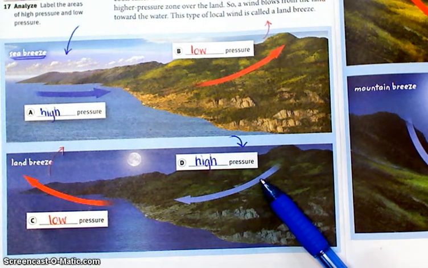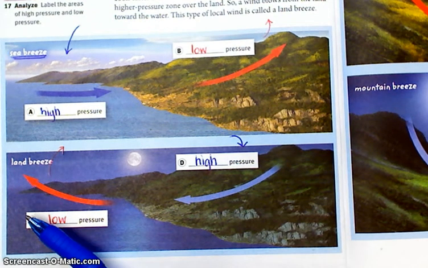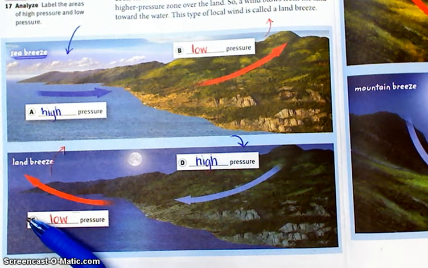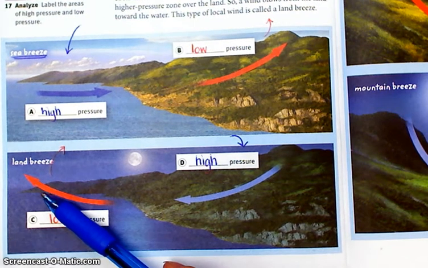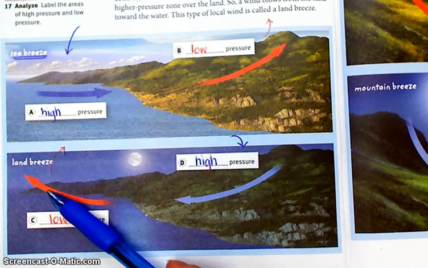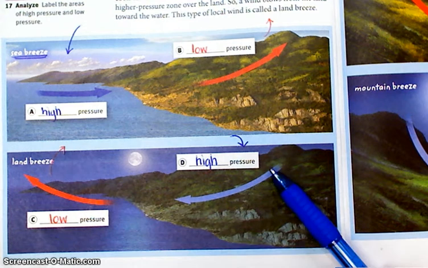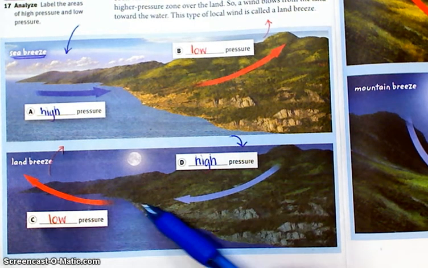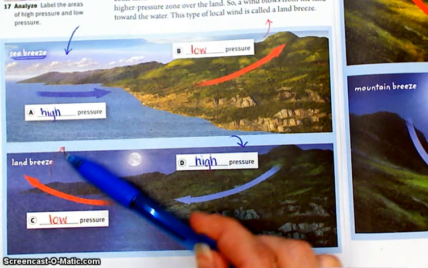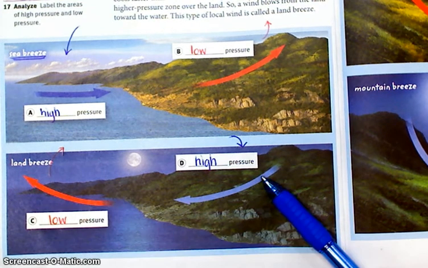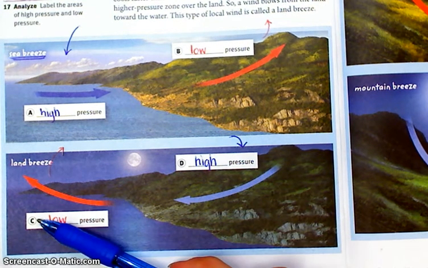So at night, it's the land that's cooler, and it's the ocean that's warmer. So the air over the ocean this time is going to be the warmer air, and it's going to rise. Higher pressure air is going to come off the land and take its place, and so the circulation gets set up in the opposite direction, where the wind is blowing from the land out to the water, and that's called a land breeze. Okay?